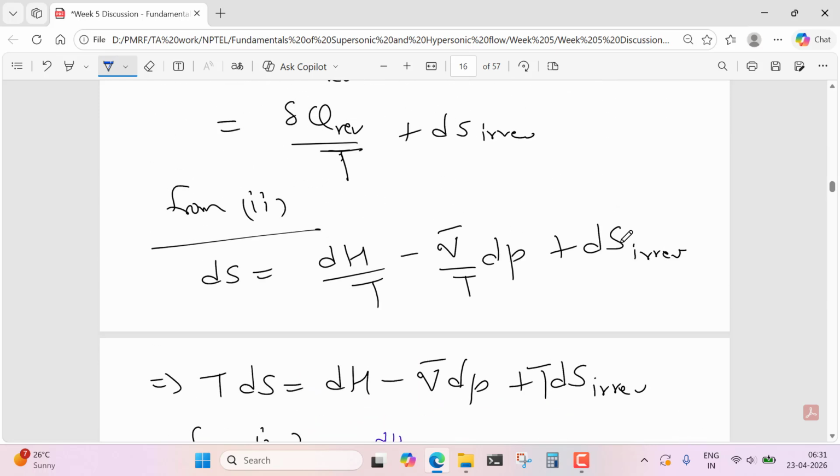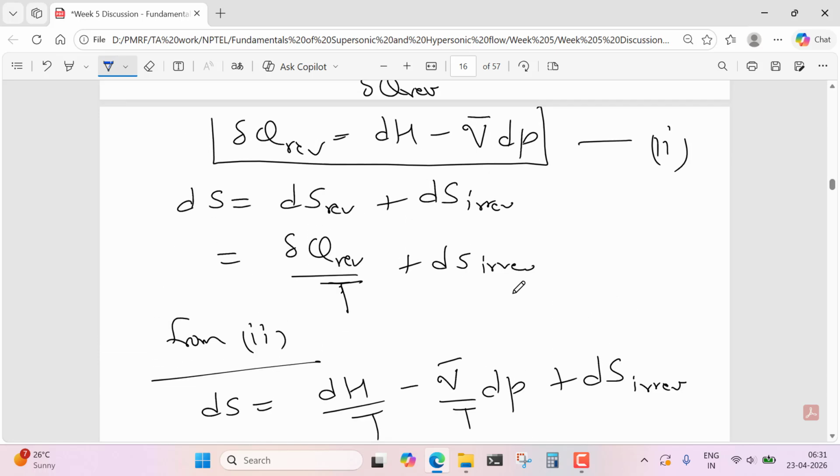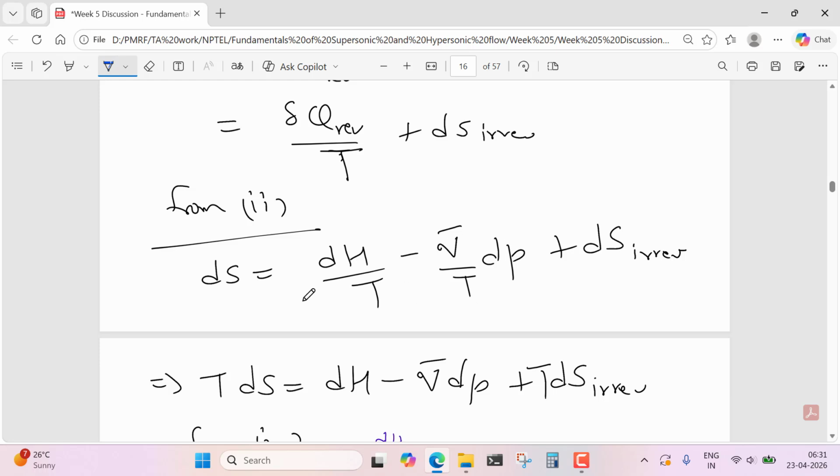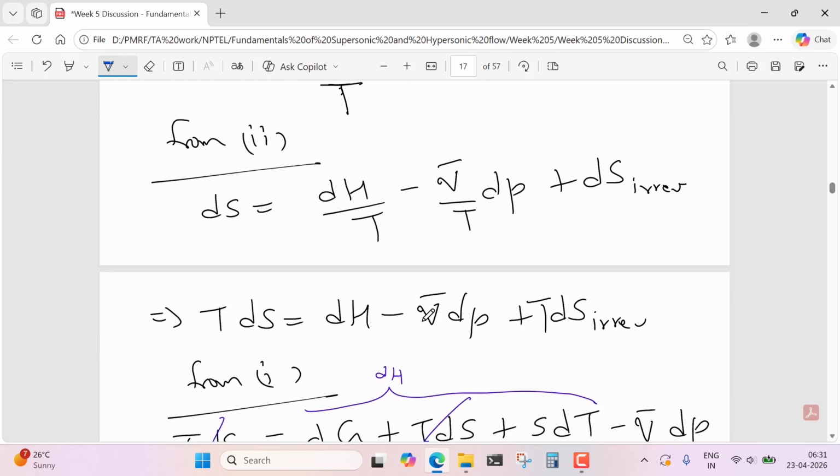Now we multiply this by T. We will get T dS equal to dH minus Vr dP plus T dS irreversible.